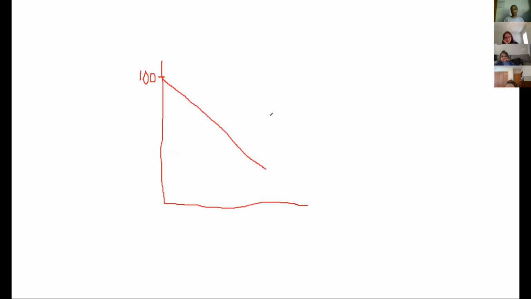All right. So to determine D sub 37, let's look at the y-axis. Okay, so here's the x-axis, and it's dose. Here's the y-axis, and it is surviving fraction, or percent survival.